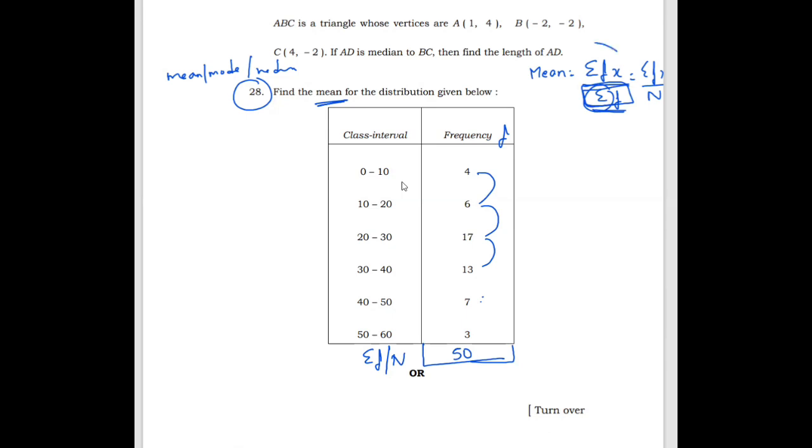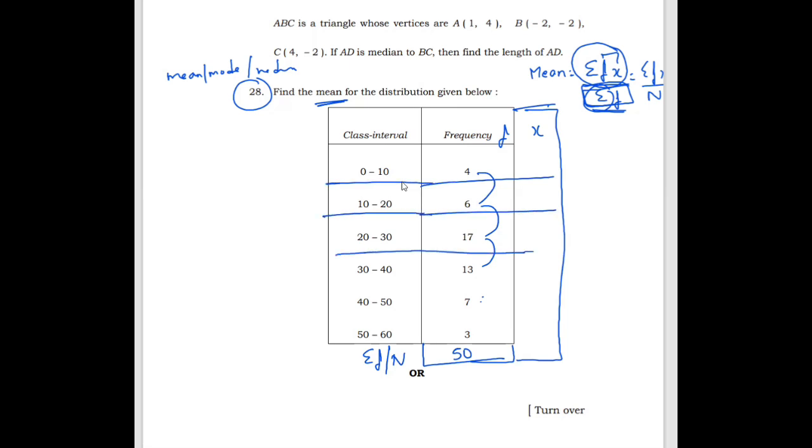Next, we want summation of sigma f x, meaning we have to find x and multiply that x with f. Then you have to find the summation of those things. That is in the numerator. So first of all, what is x then? For this, you put a table. Remember, x is always simple. x is the midpoint.